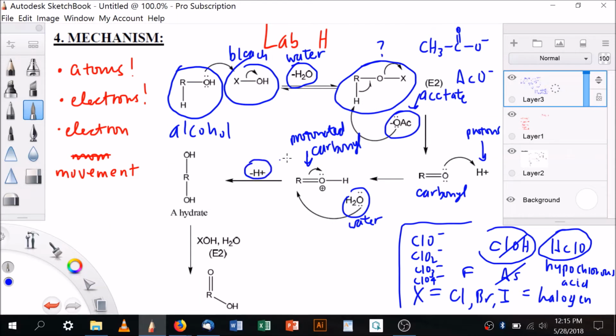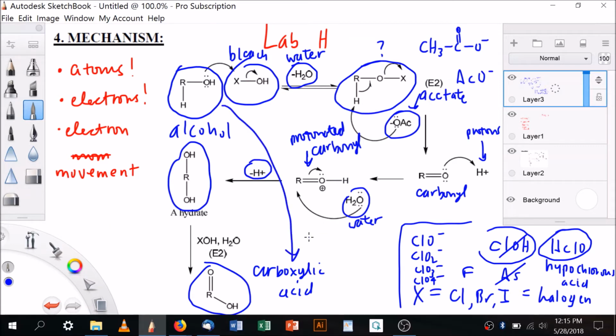Okay, what is this? Well, that's a proton again, right? What is this? That's a hydrate. Okay, and what is this? This is a carboxylic acid, okay? All right, so look what we did. We took an alcohol to a carboxylic acid. And we did this in class by using chromic acid, H2CrO4, okay?